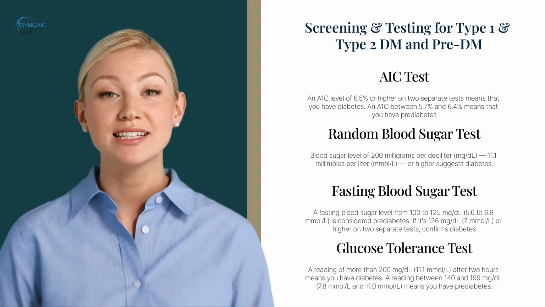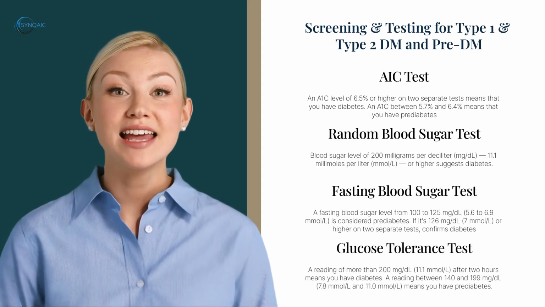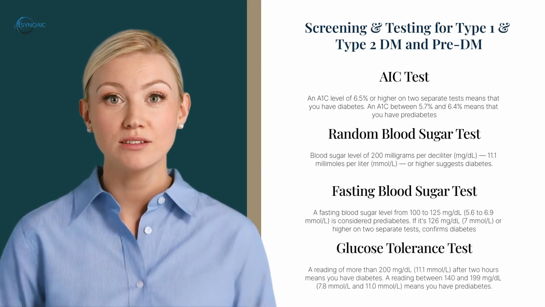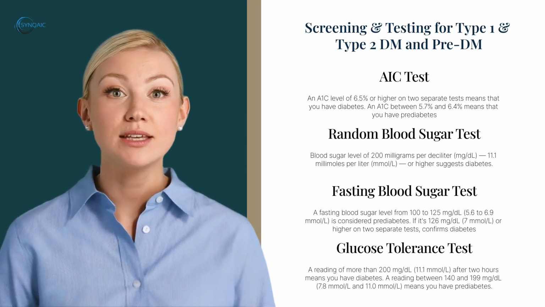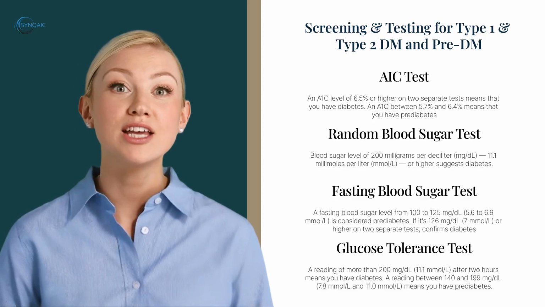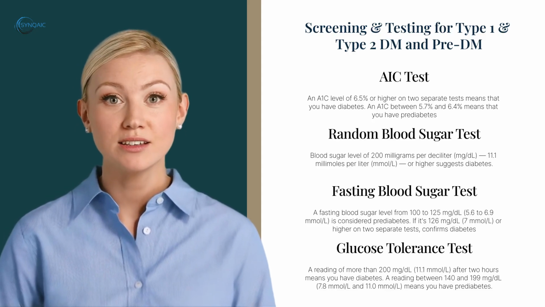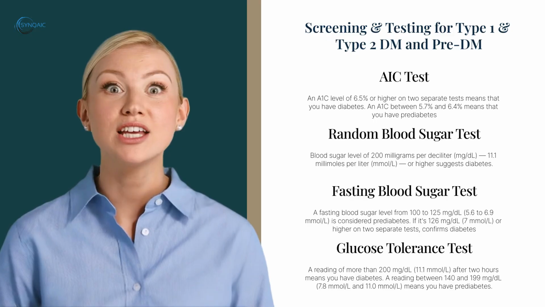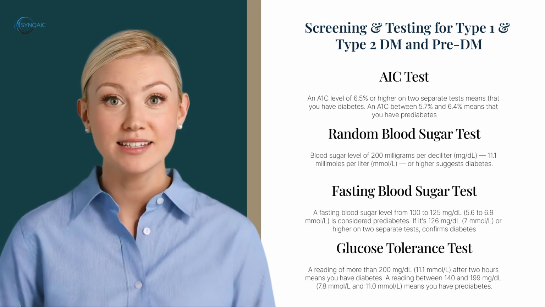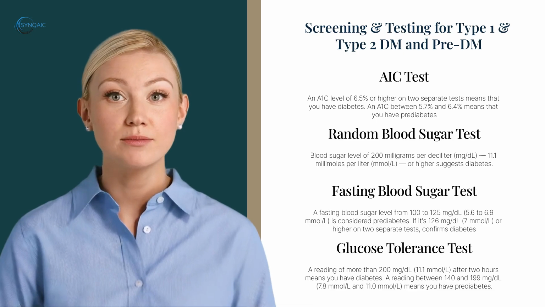During a glucose tolerance test, you fast overnight and then have your fasting blood sugar level measured. After consuming a sugary liquid, blood sugar levels are tested periodically over the next 2 hours. A blood sugar level less than 140 mg/dL, 7.8 mmol/L, is normal.